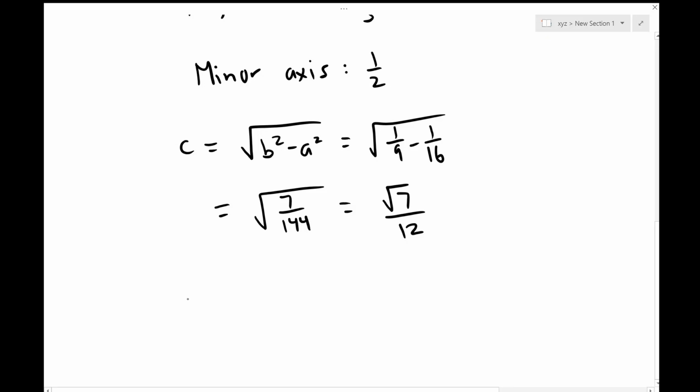And so that means that the coordinates of the foci, since we'll be going in the b direction here, we would take the coordinates of the center, which were at (1, -1), and we would take the y value and add and subtract the c value. So the coordinates of the foci would be 1 and then -1 plus or minus root 7 over 12.